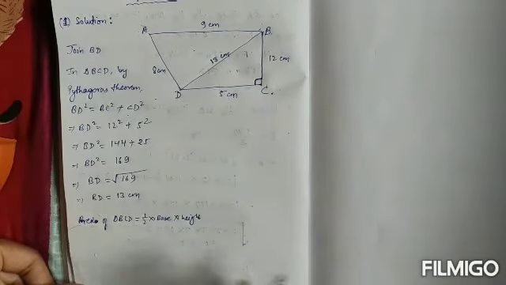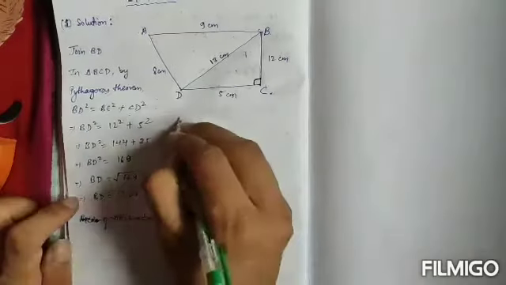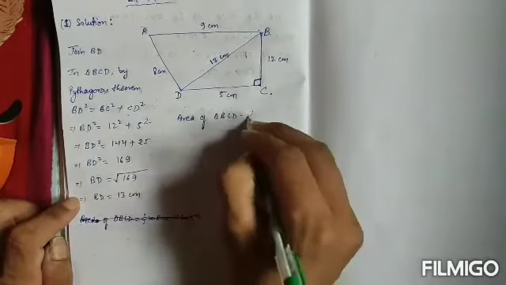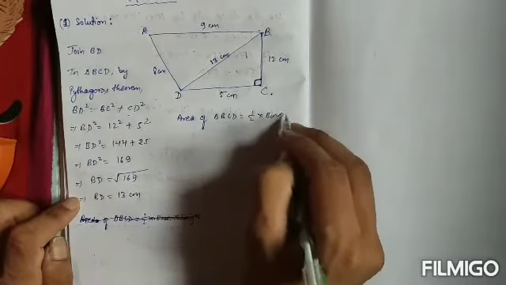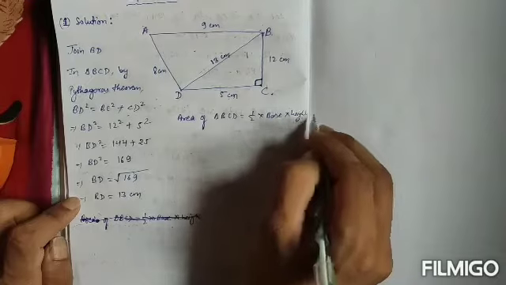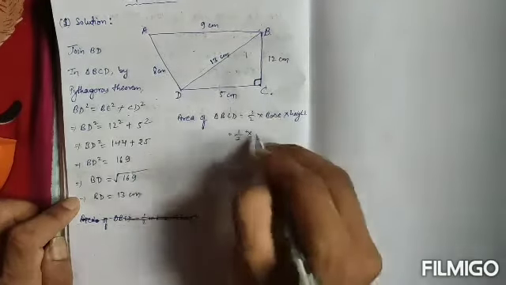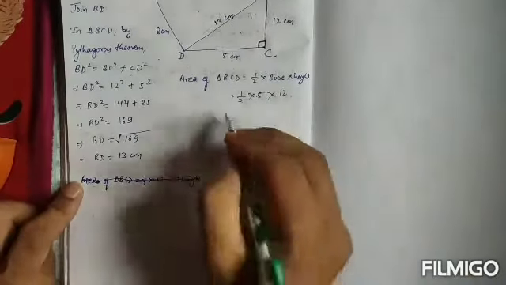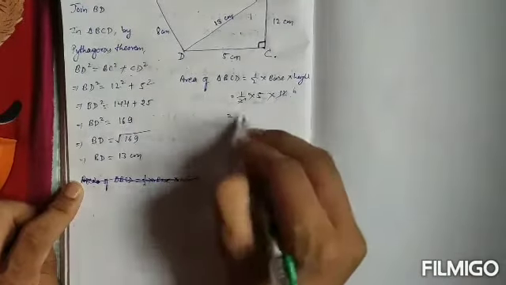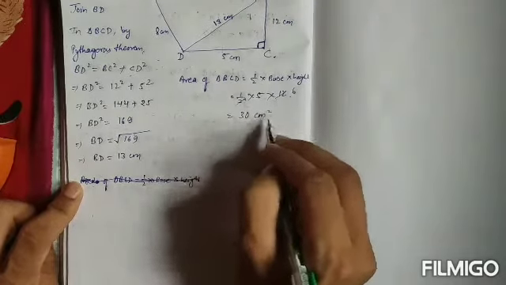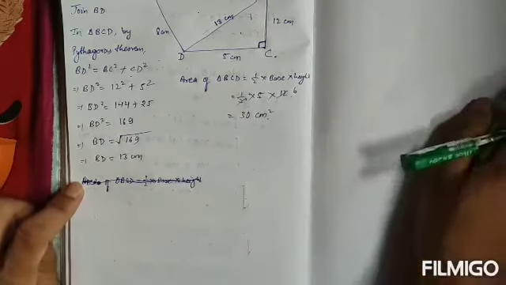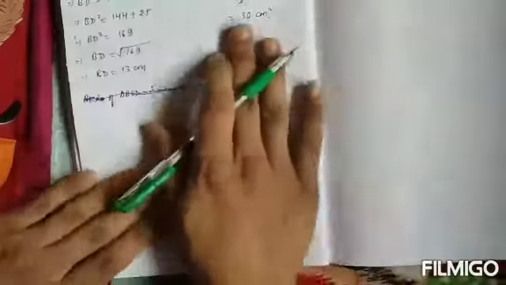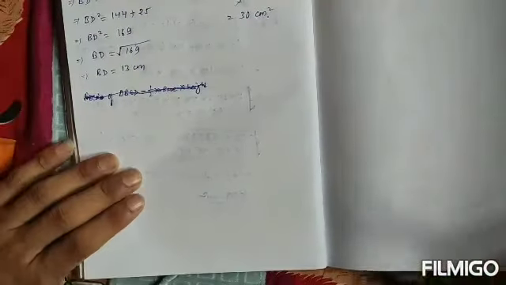Okay, so I'll do here area of triangle BCD equals to half into base into height. So half, base is what? Base is 5 into height is what? 12, isn't it? So 2 6s are 6, 5 30 centimeter square. Remember, unit is very important. If you don't write the unit, then your marks will be deducted. Okay, then now we got the area of triangle BCD.